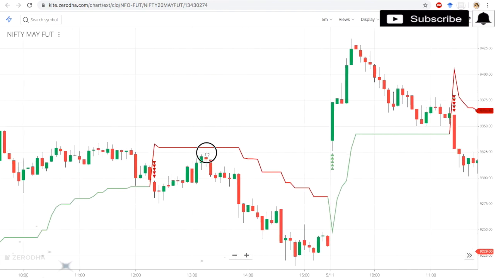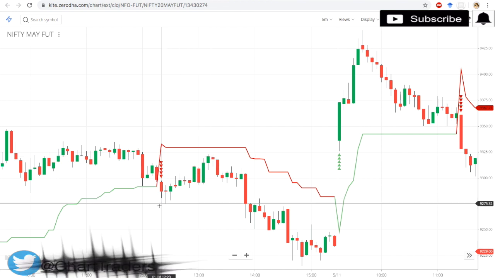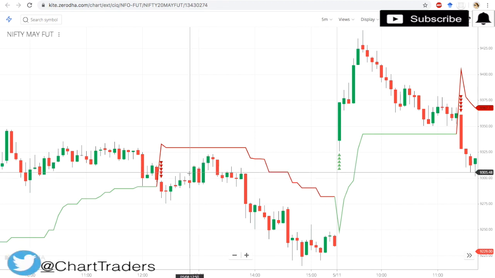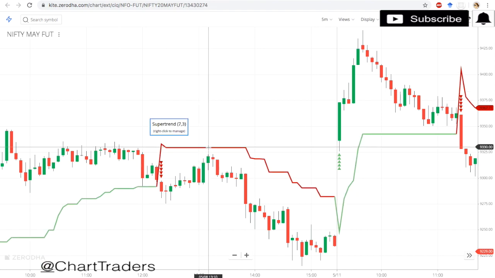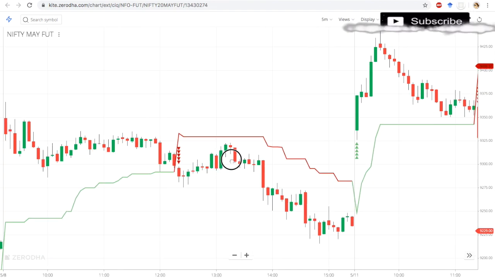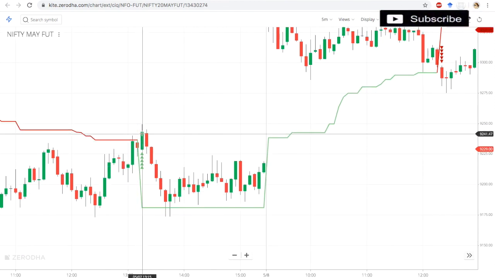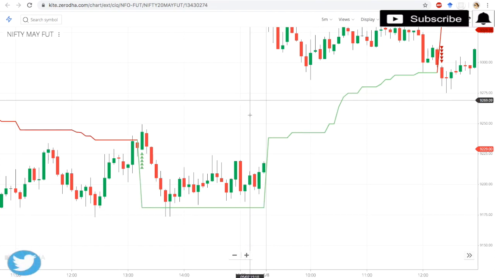Same way here, if you take entry here, according to your risk management the stop loss might hit. So once a signal is generated and the price comes near the red line, you can sell. Here also see, price moved up, came back, taking support below the trend line two times, and then moved up again.